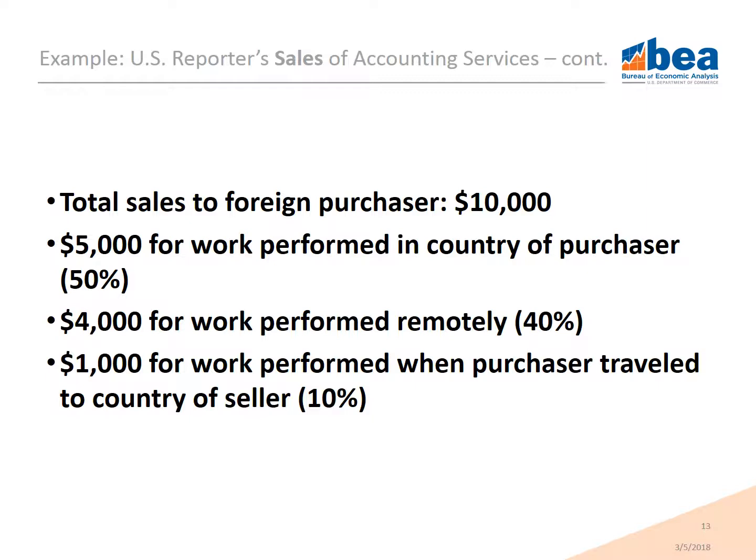To summarize, out of $10,000 of sales of accounting and bookkeeping services to their German client, $5,000, or 50%, was for work performed on-site in the country of the purchaser. $4,000, or 40%, was for services provided remotely, and $1,000, or 10%, was for work performed for the purchaser when he or she traveled to the United States.